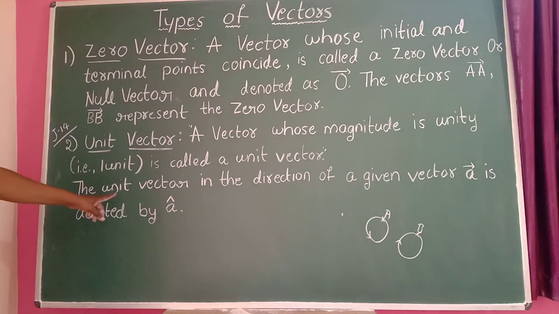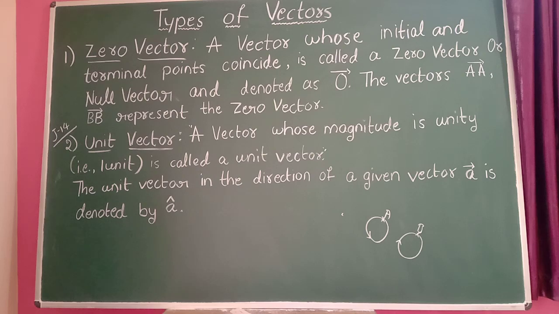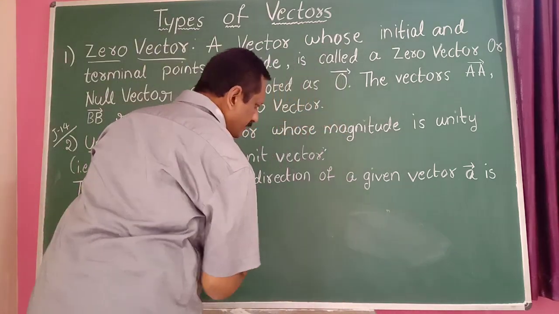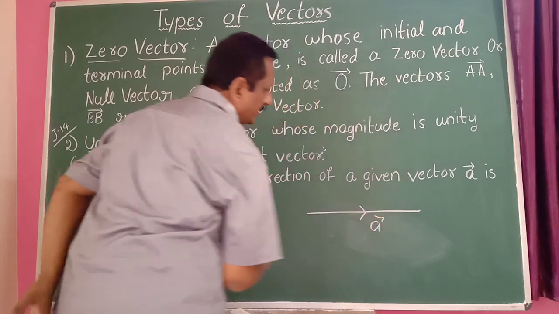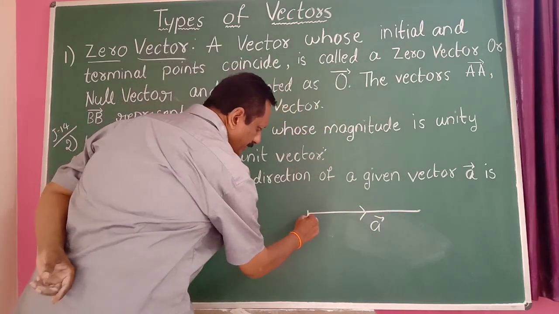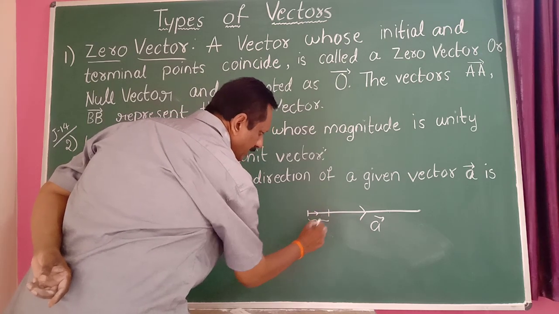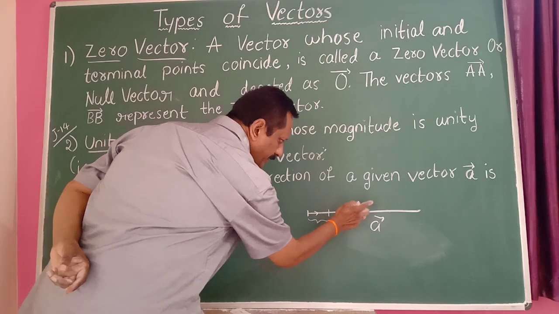Next, the unit vector in the direction of the given vector A bar is denoted by A cap. Suppose A bar is one vector. Then the unit vector in the direction of the vector A bar means its length is 1 unit in the direction of A bar.